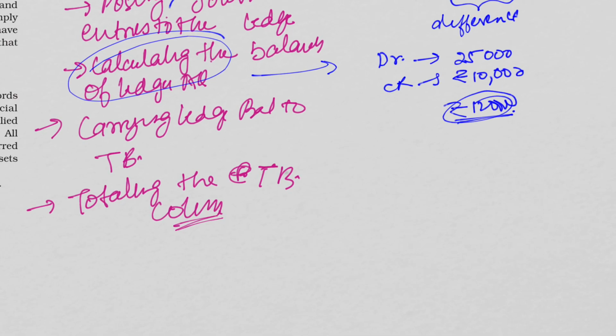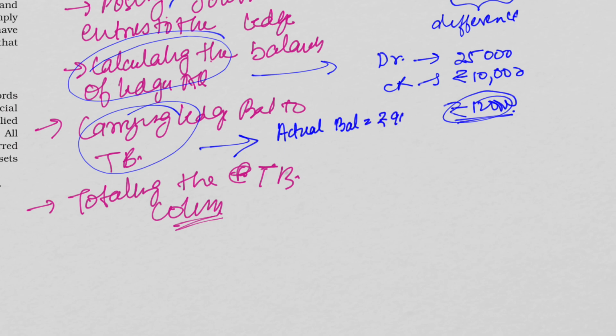Then there can be error in carrying balances. While preparing the trial balance, a ledger balance may be written incorrectly. For example, the actual balance is rupees 9,000, but it is recorded in the trial balance as rupees 6,000. This will cause a mismatch.